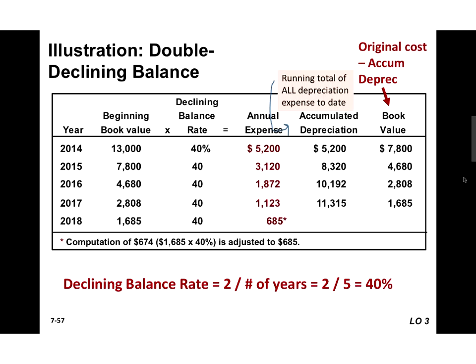So the last depreciation is always a plug figure. I say my last book value is $1,000. What do I need to do to get to $1,000 from $1,685 last year? That's $685, and that's how we're getting it. So that's the little glitch about the double declining balance method. You have the factor, but you don't use residual value in the early years under double declining balance method. It's the only method that doesn't use that.